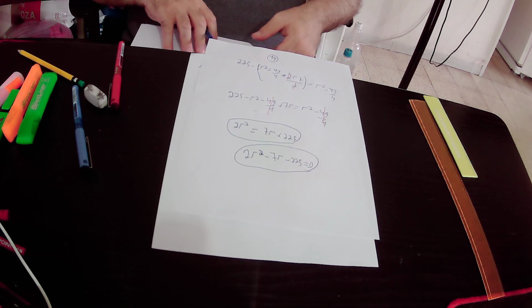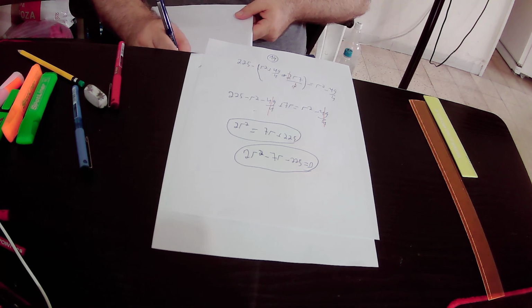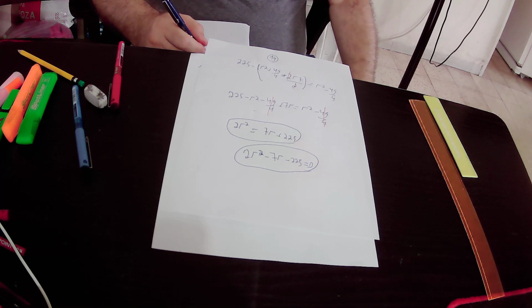So we got the quadratic equation that states 2r squared minus 7r minus 225 equals 0.